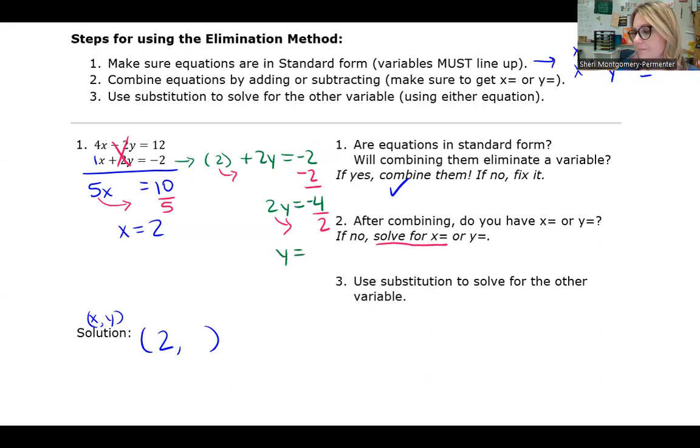What does Y equal? -2, very good. So I know the second part of my answer. And that's the elimination method. Is anybody still copying this?